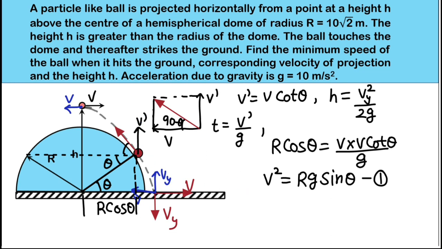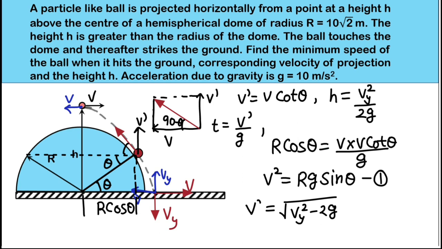If I want to determine V dash in terms of Vy, I can use the third equation of motion, or similarly, conservation of mechanical energy will also yield me the same result. V dash will be equal to root of Vy square minus 2g into this height, right?